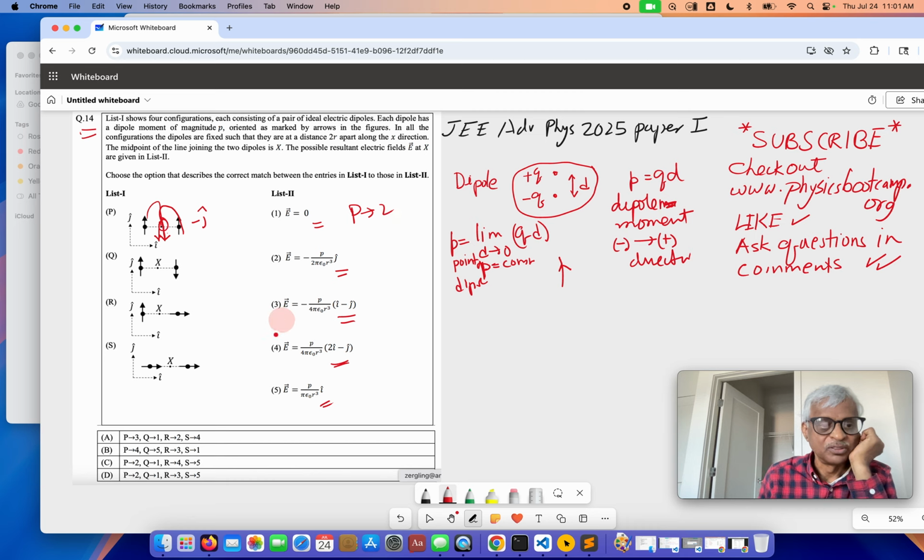So P is definitely 2. P goes to 2. If I look at the answers here, that one is gone, just C and D left, right? And this guy doesn't distinguish them. What distinguishes them is R. You look at R, and now we have trouble here.